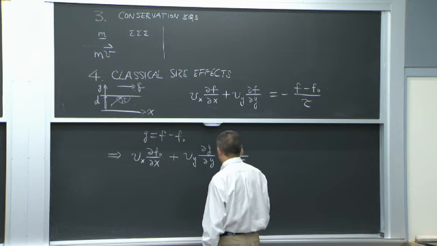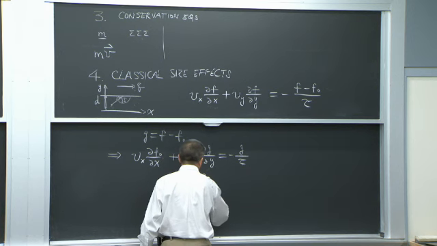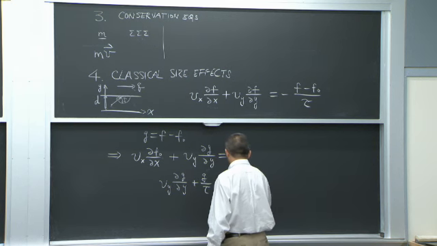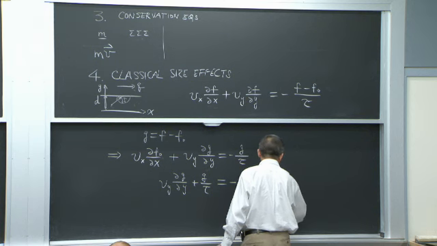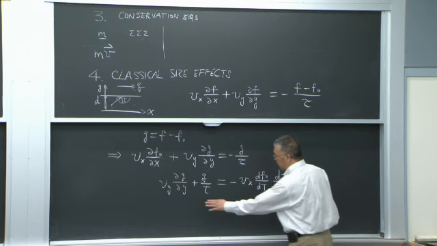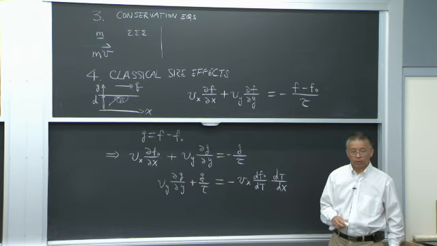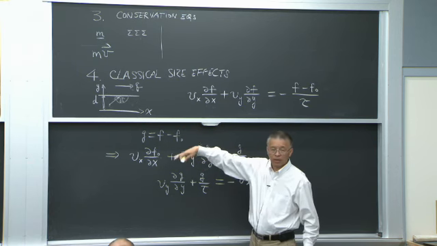When I rewrite this equation, Vy dg/dy plus g over tau equals negative Vx df0/dT dx. So if I did not keep the first term, that's essentially what I had before. I'm only keeping an extra term due to the constraint in the y direction.